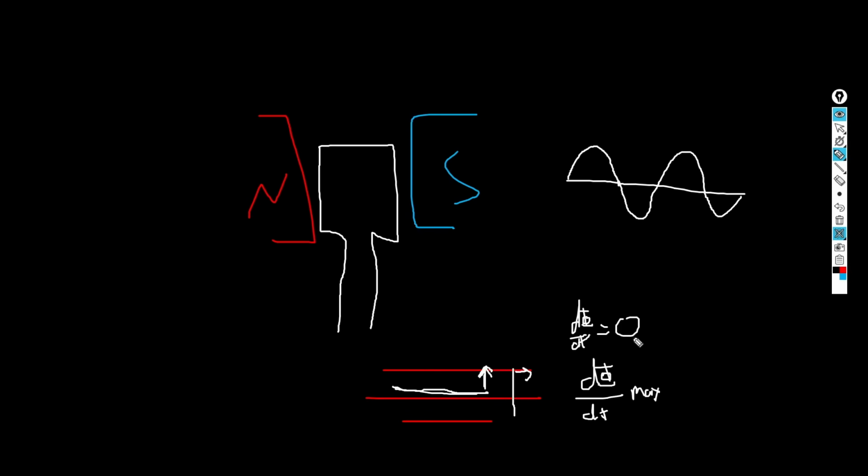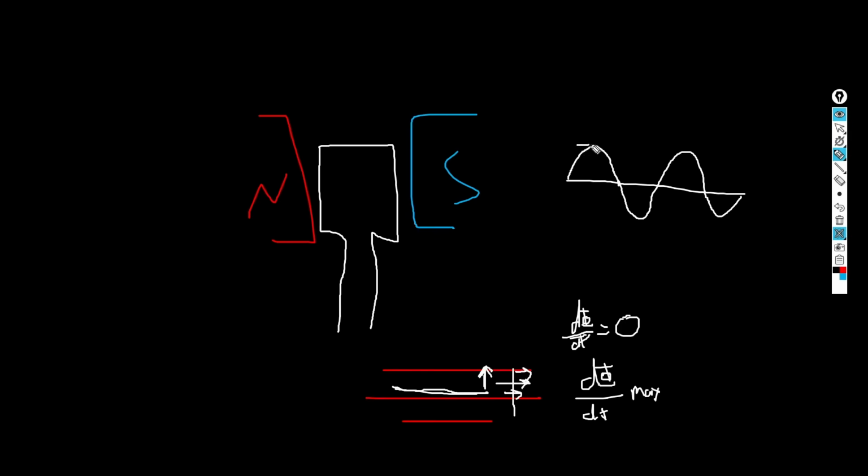And this kind of makes sense if you think about it. Delta phi over delta t is basically the derivative, the change in flux per time, right? And we know when the derivative is equal to 0, that means there's the most flux going through it. So here there's the most flux going through it, but the change itself is 0.